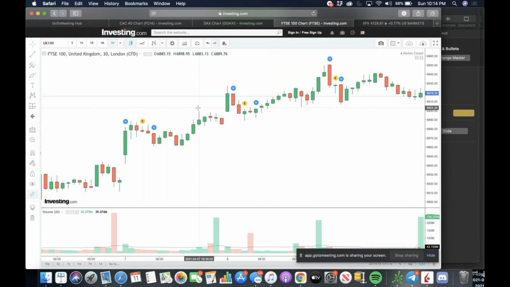Correct. Vice versa, 530 comes and breaks down. Would I short here? Nope. I would not short here. Why would I short? Where would I short, guys? Where would I be convinced to short?